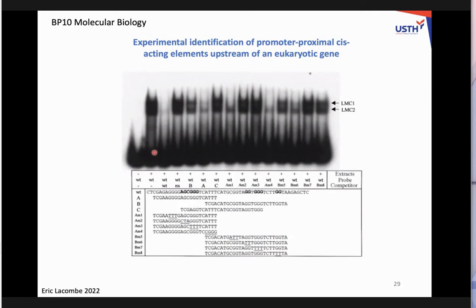So when you have this type of pattern, you can say that in this probe there is one complex that disappears when specific competitors are used, and is maintained when non-specific competitors are used. So all in all, it means that this fragment is recognized specifically by a specific transcription factor. Is it okay?